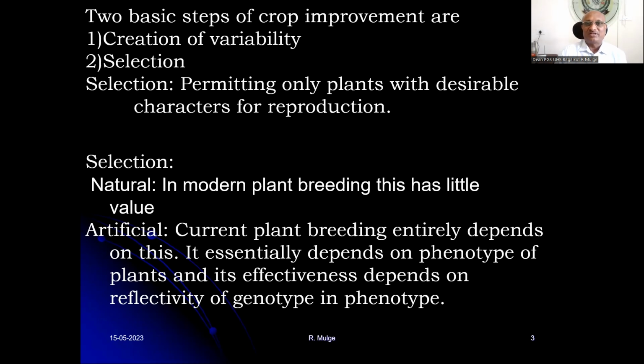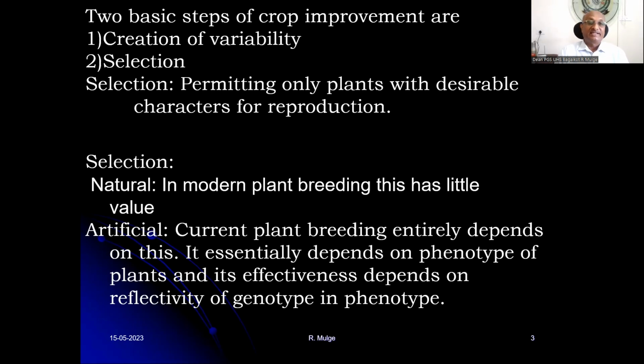That means there is natural selection. But you are leaving it to nature only. Whatever disease comes, what temperature comes, water, humidity, all that you are leaving to nature. But it has little role in modern plant breeding, because you want to do it faster. Otherwise, you cannot wait for nature to enforce the selection pressure.